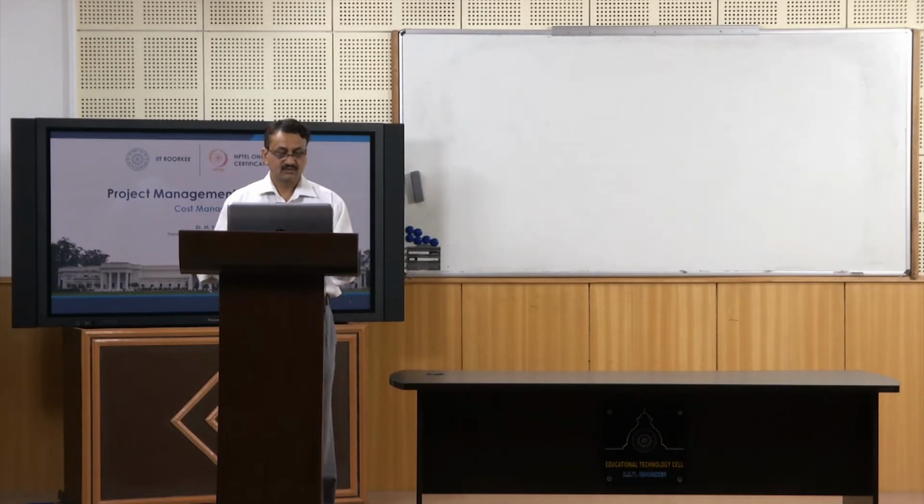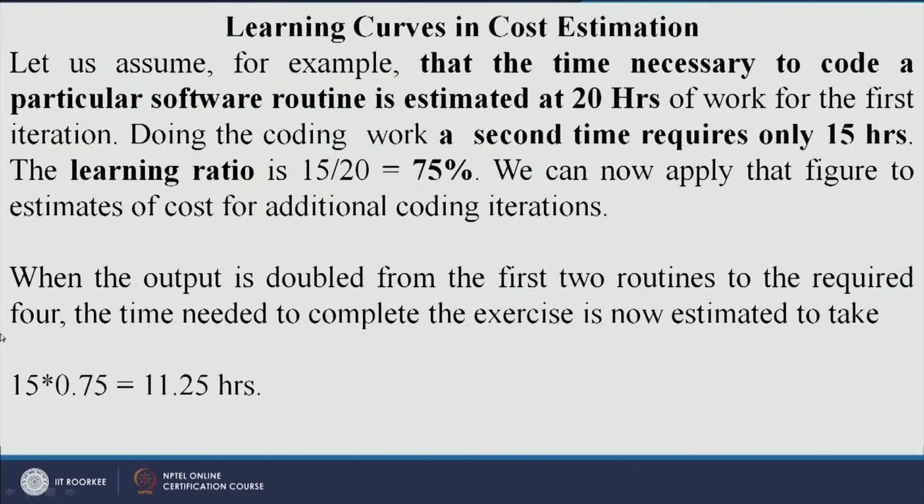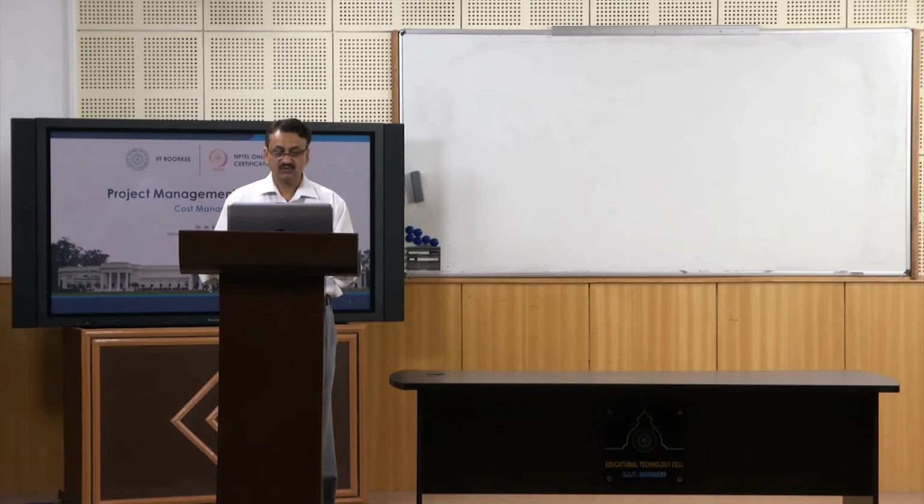So, when the output is doubled from the first two routines to the required 4, the time needed to complete the exercise is now estimated to take 11.25 hours. So, whatever is the learning ratio here, you just multiply it by how much time it was taking the second time. So, it is 0.75 into 15 hours.